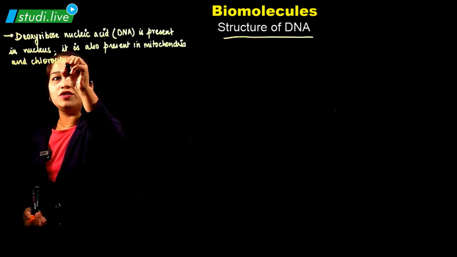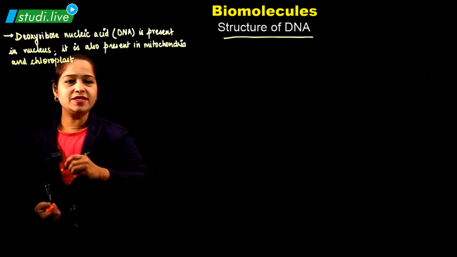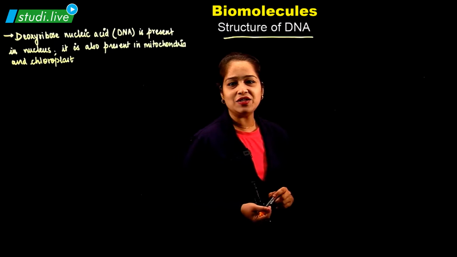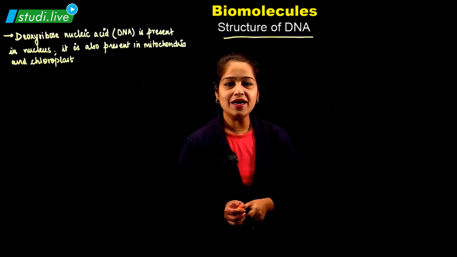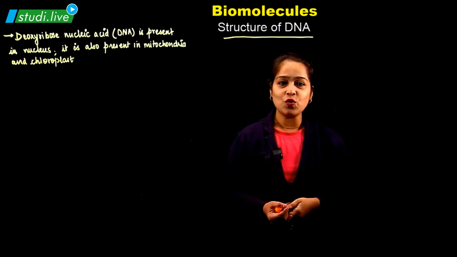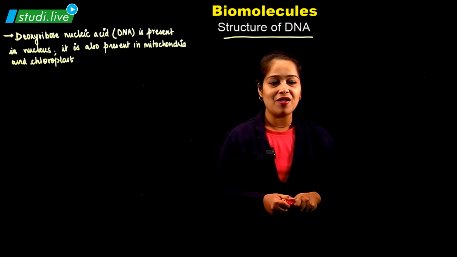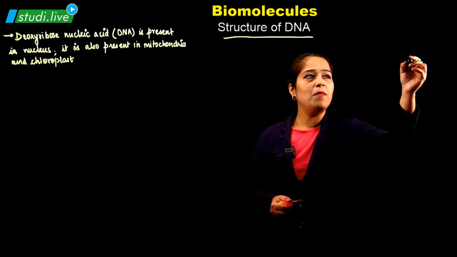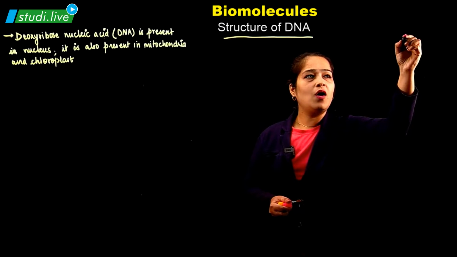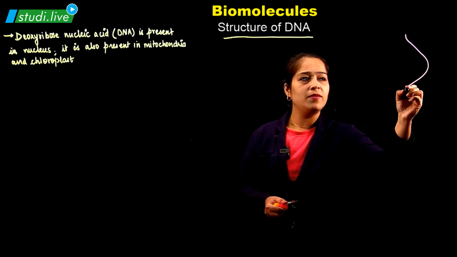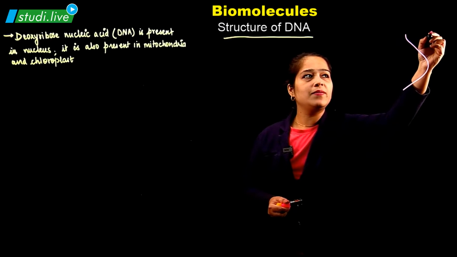Let us see the structure of DNA. When we see DNA, it has a double helical structure. It is a double helix which is coiled around a central imaginary axis. So how does this structure get formed? We are going to see that.